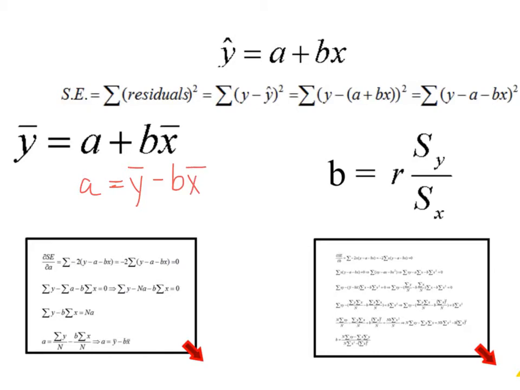And I think the way to remember this is that we need a point. Every line needs a slope and a point. And the easiest point would be to say, what if the average point had to be on there, the average x and average y?